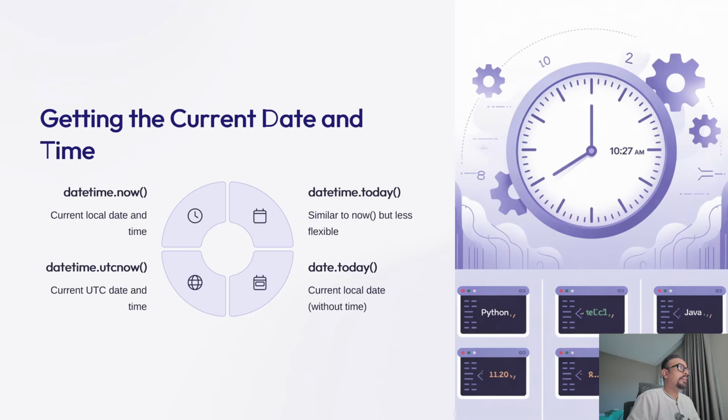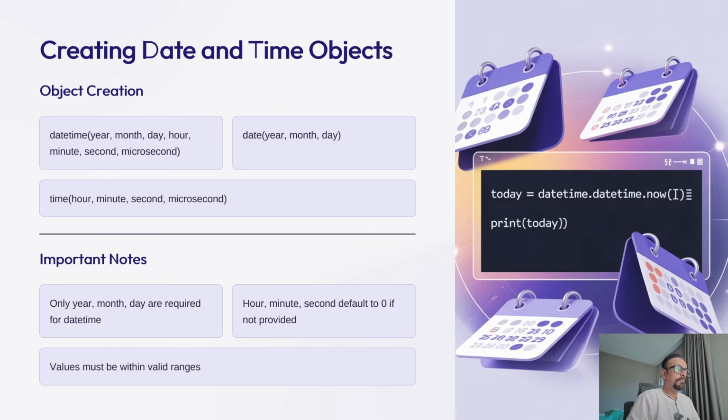Now let's move ahead and talk about creating datetime objects. Beyond getting the current date and time, you will often need to create datetime objects with specific values. The datetime module provides constructors for each class that accept individual components. For datetime objects, you need to provide at least the year, month, and day.